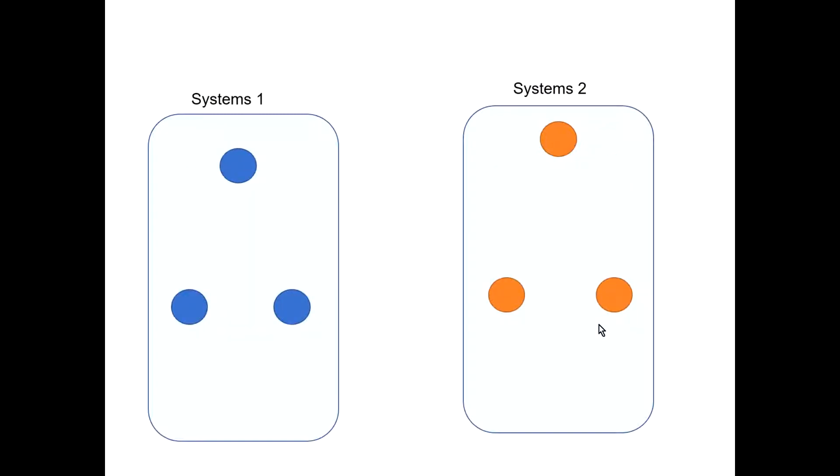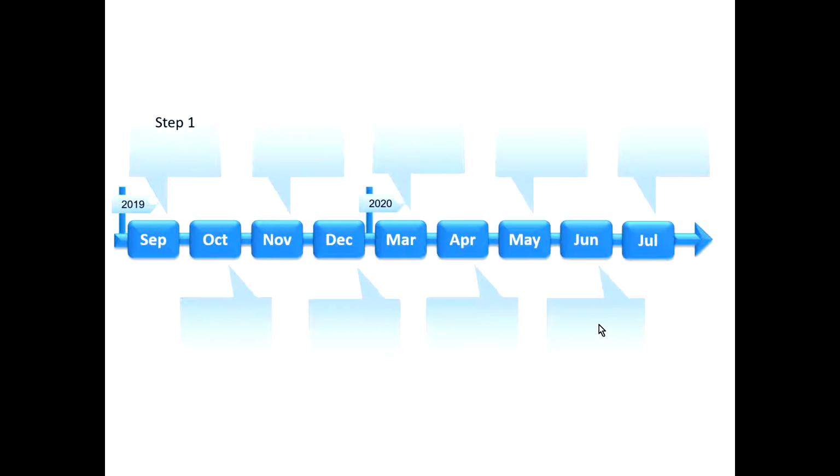So this is how systems 1 and 2 look like, and the implementation of these two systems followed a certain timeline, and the timeline can be shown on this slide. As you can see, in September, October, such step 1 was carried out, and so on and so forth. Now let's delve into each of these steps in detail, which I'm going to explain in this particular slide.